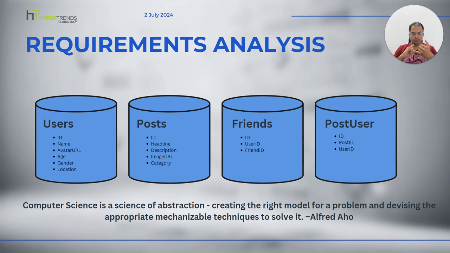Then once we figure out the data models, once we figure out the functional requirements, the third item is to figure out the non-functional requirements. I have not listed that here, but what are the non-functional requirements? Let's say latency, right? The time difference between the producer producing the post and the consumer getting the post, the latency I need is 1 minute.